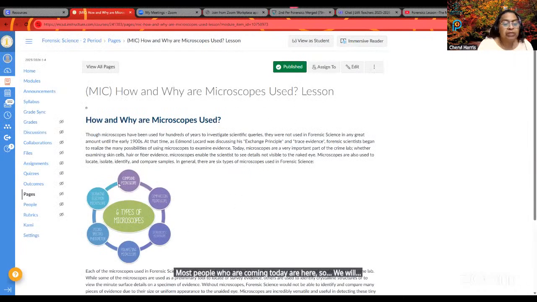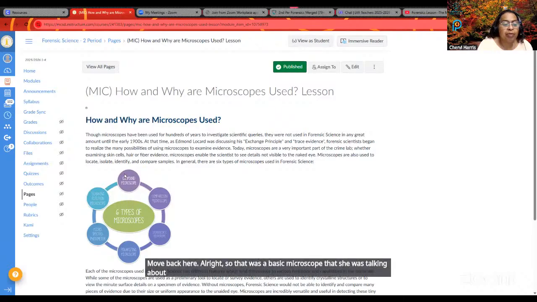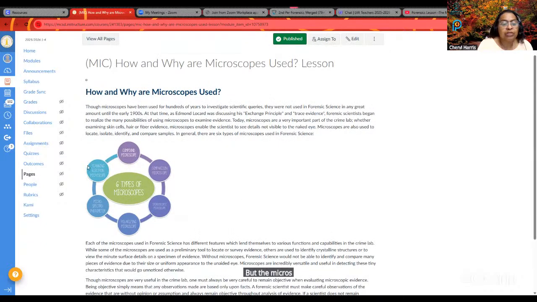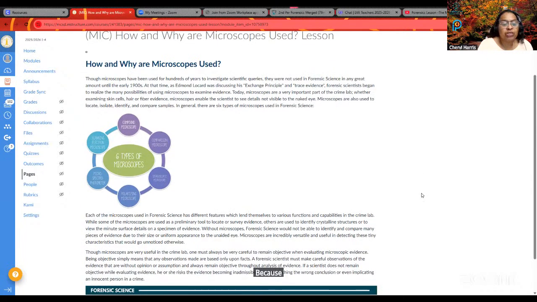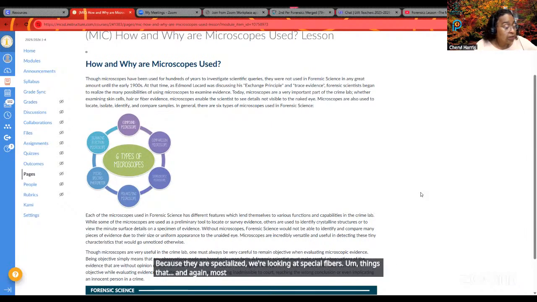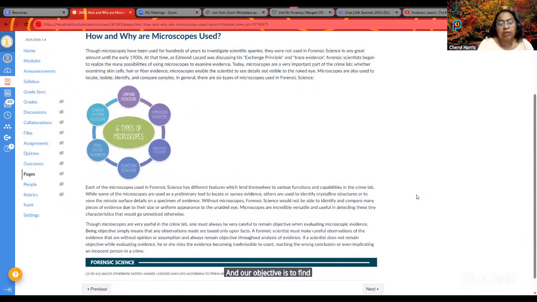So we will move back here. All right, so that was a basic microscope that she was talking about, the one at the top, the compound microscope. But the microscopes that are used in forensics are usually not the first two, but the other four, because they are specialized for looking at special fibers, things that, and again, most of the things that they're looking for are microscopic in size, and our objective is to find evidence so that we can solve the case, okay?